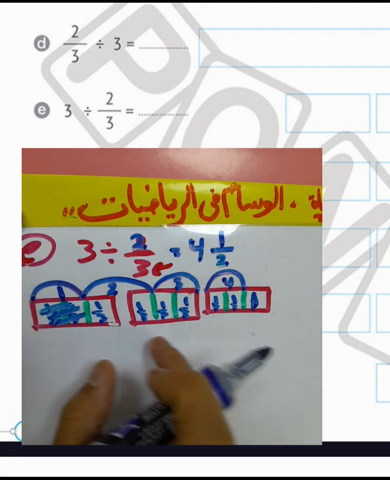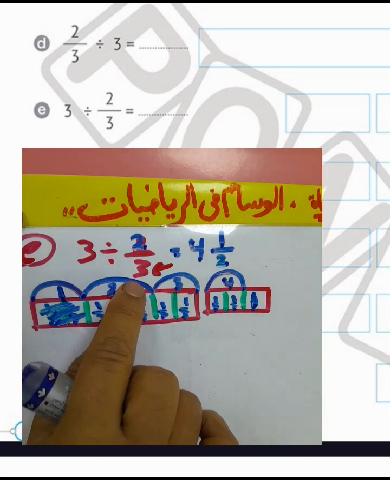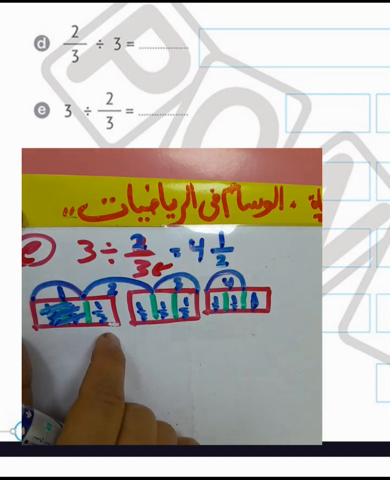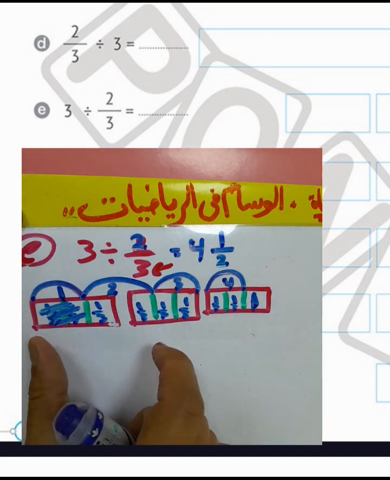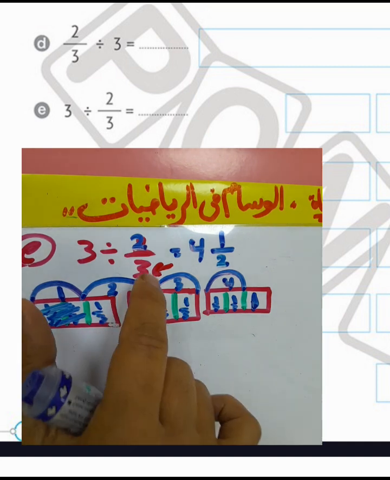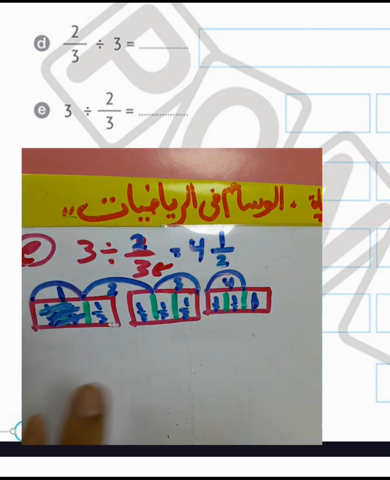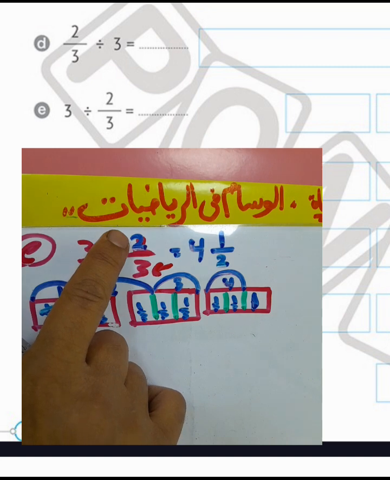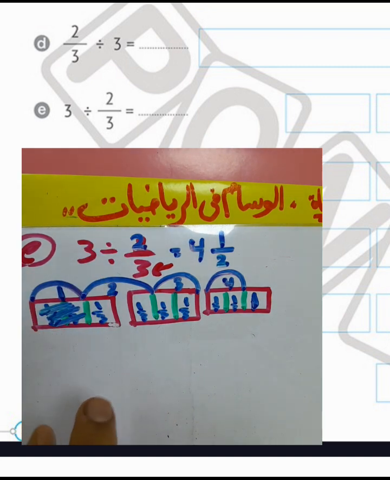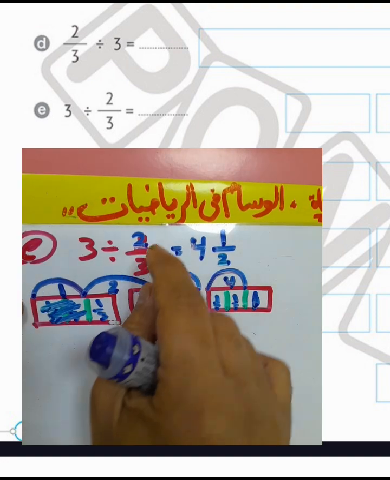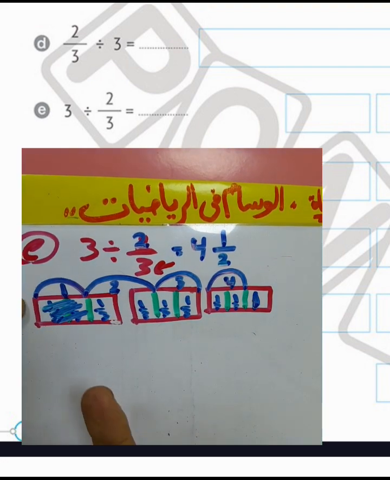Again, 3 divided by 2 over 3. First step, draw 3 tape models and divide each model into 3 parts. Okay, and then we will color 2 parts from each one, or count each 2 over 3. It will be 1. All 2 over 3 gives me 1 whole.